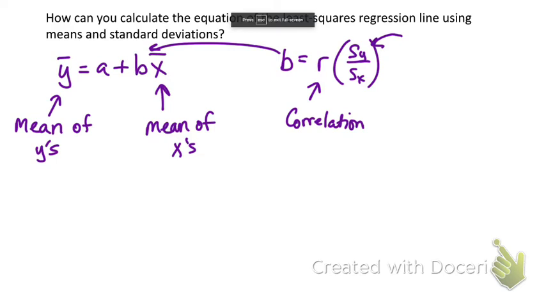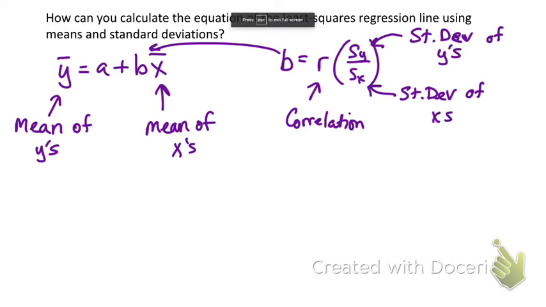What does S sub y stand for? Sum of the y's. Not the sum of the y's. Standard deviation. This is the standard deviation of the y's. This would be given to you in the problem. S sub x. What do you think that stands for? Standard deviation of the x's. You got it.